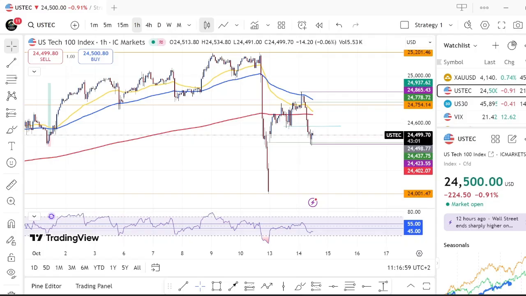Currently trading below the pivot level of 24,750. Current daily Asian highs and lows at 24,423 and 24,485 respectively.